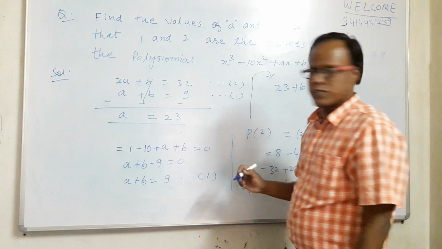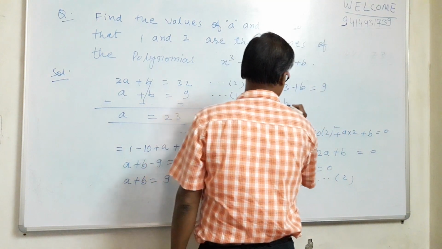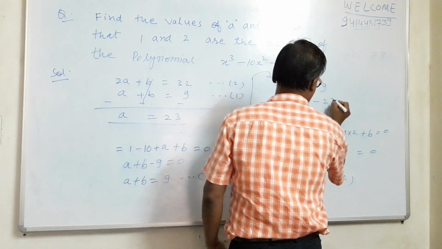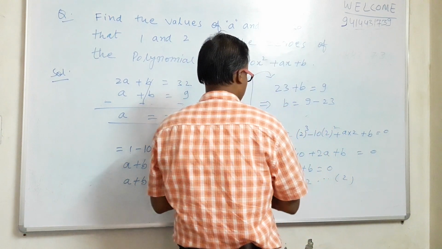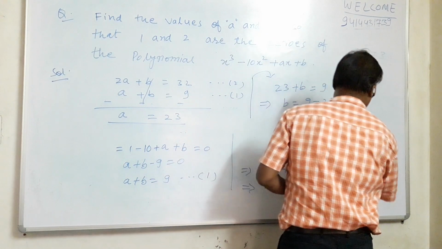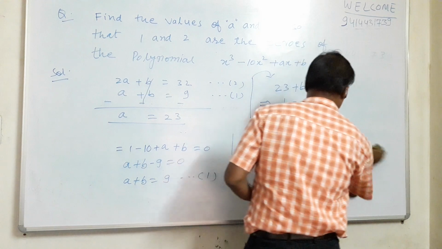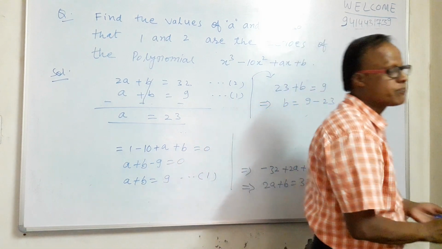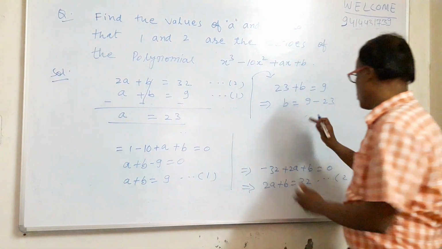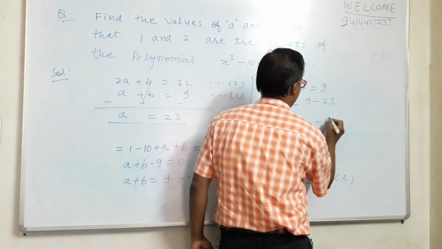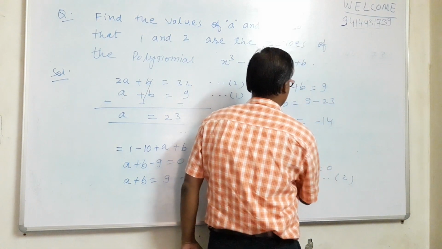This implies b is equal to 9 minus 23. And how much is 9 minus 23? Good, very good, equal to minus 14.